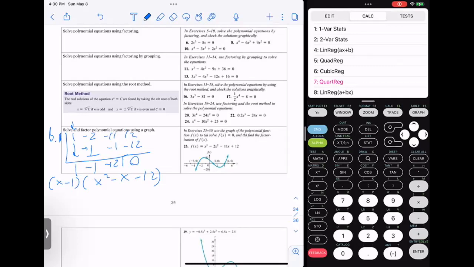And now there are 2 ways you can approach this. You can use synthetic division again to break up the quadratic. Quadratics are typically much easier to factor. So let's focus on this quadratic part here, because we can't reduce the x minus 1 any further. So what multiplies to give you -12 but adds to give you -1?